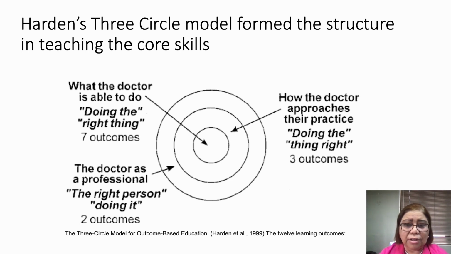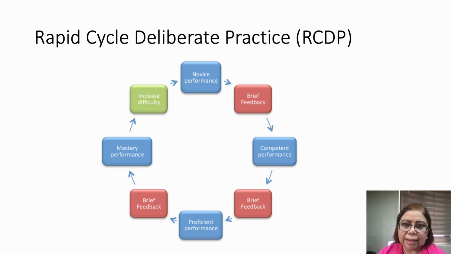The middle circle represents the correct approach, doing the thing right, as in content and instruction based on institutional needs. And the outermost circle represents the professional performing the skill, or the right person doing it. So the practicing clinicians as instructors, while the learners performing the procedures.